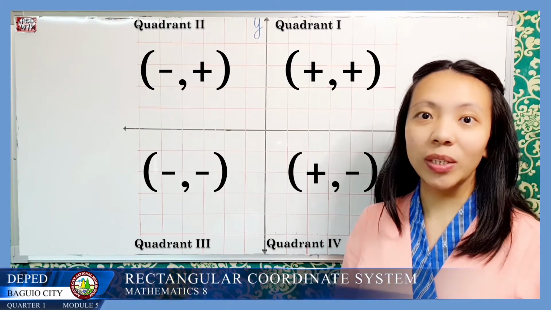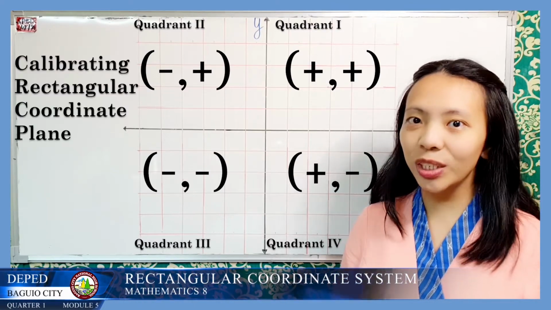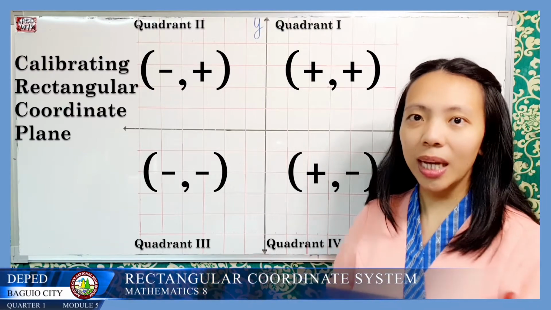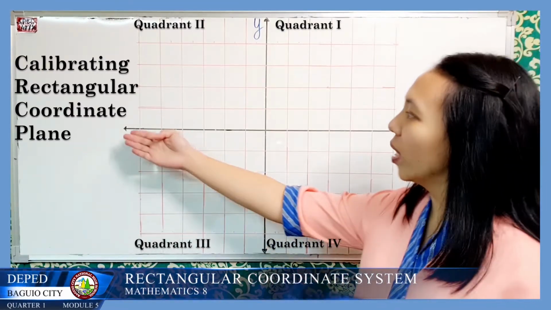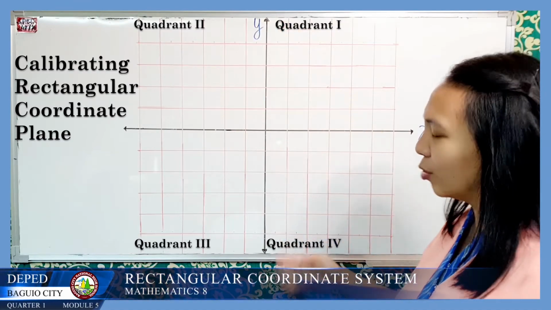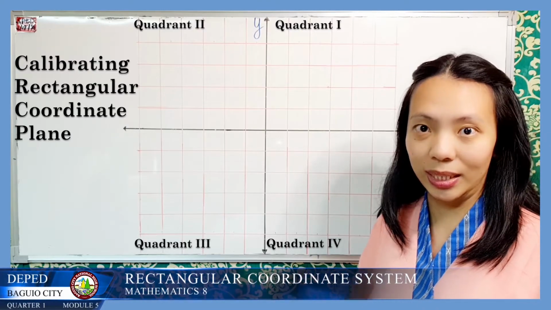Take note that when constructing the rectangular coordinate plane, calibration is very important. When we say we calibrate, it means that we are going to divide our number lines into practical or appropriate distances.